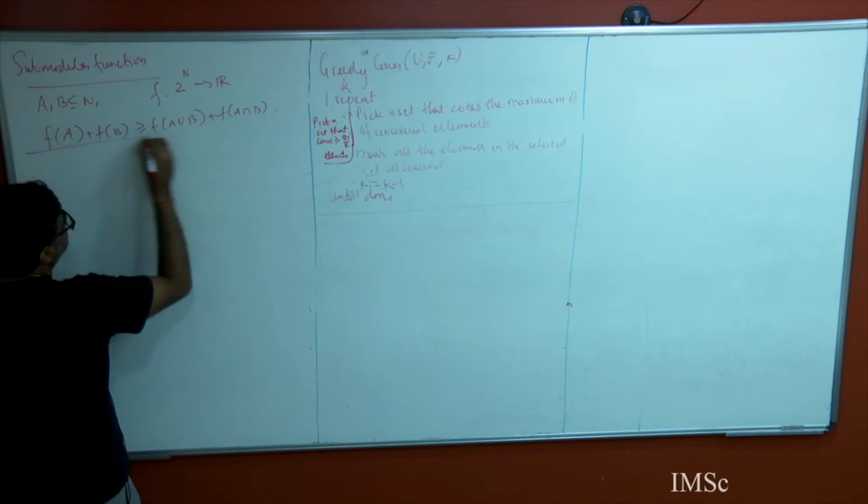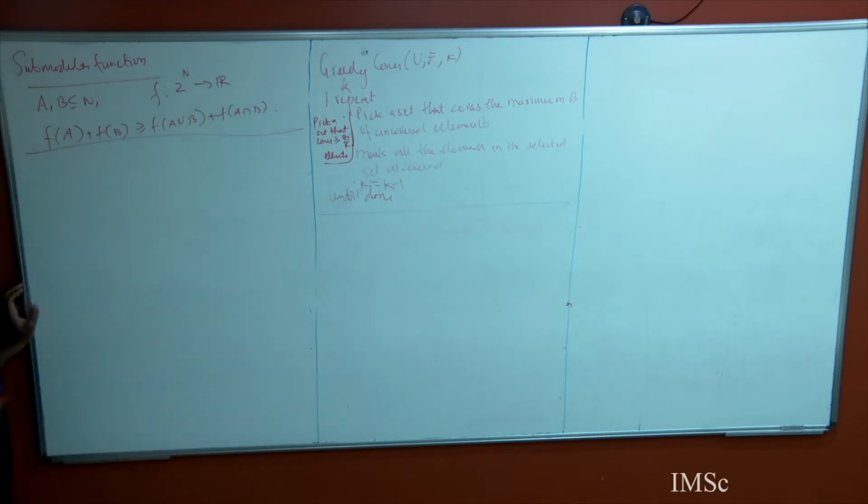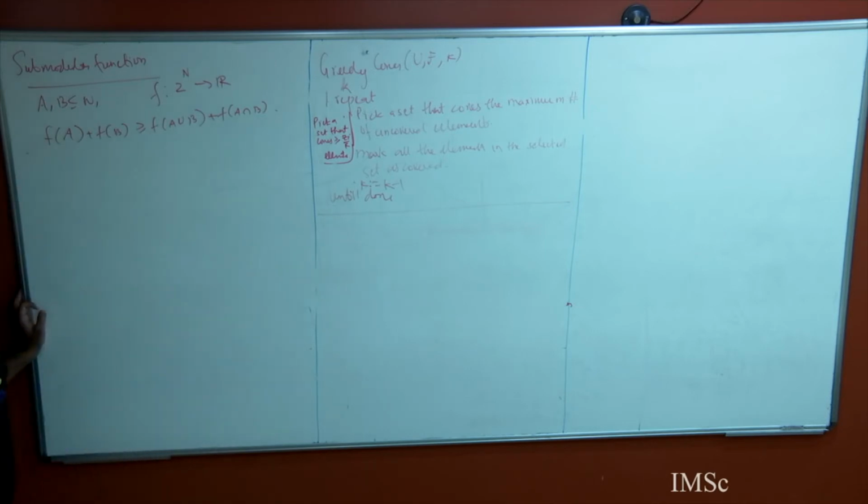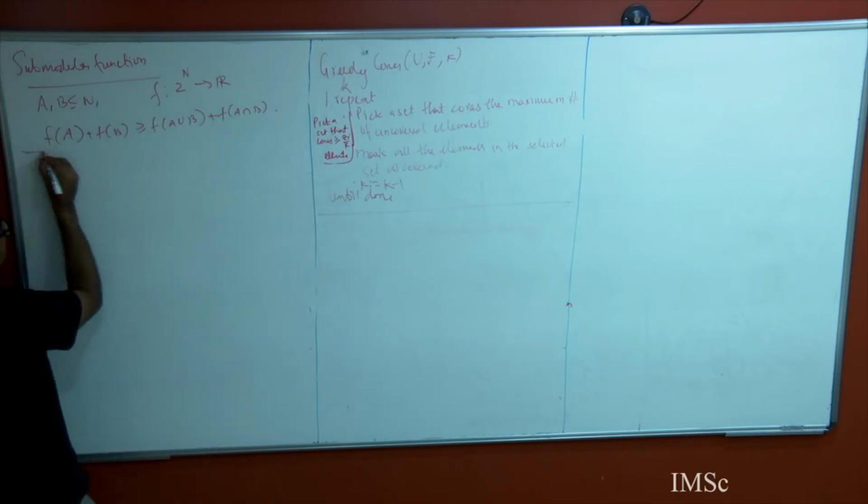So this is what is generally considered the definition. But there are many variations of the definition, and for our purposes, it will be much more important to look at the other equivalent definition.